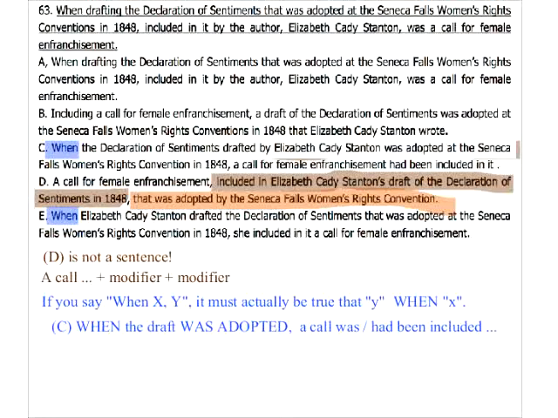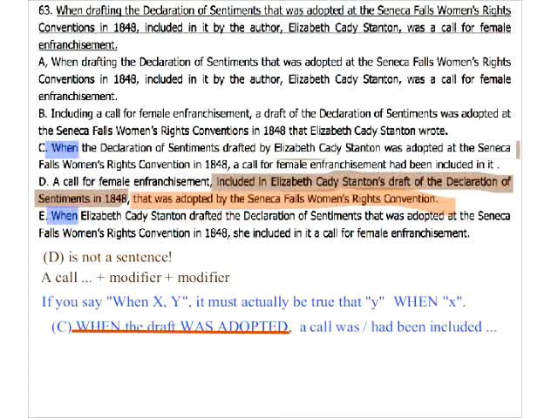This doesn't make sense, because this must have been done way before the draft was adopted. This is a much later time frame. So this doesn't make sense.